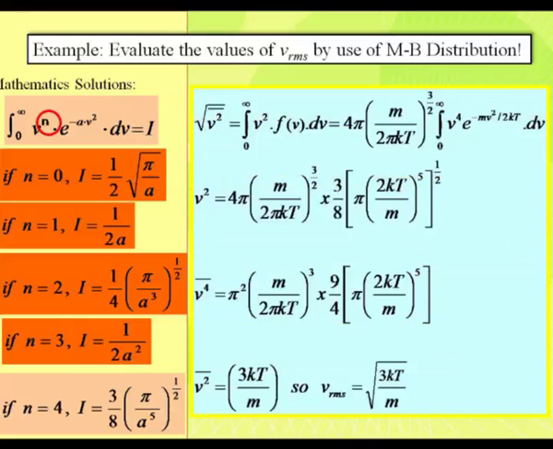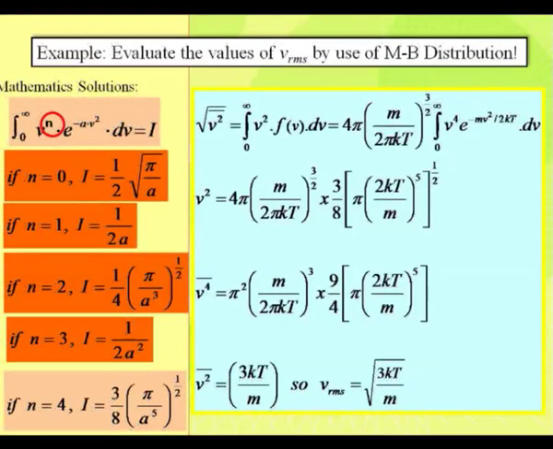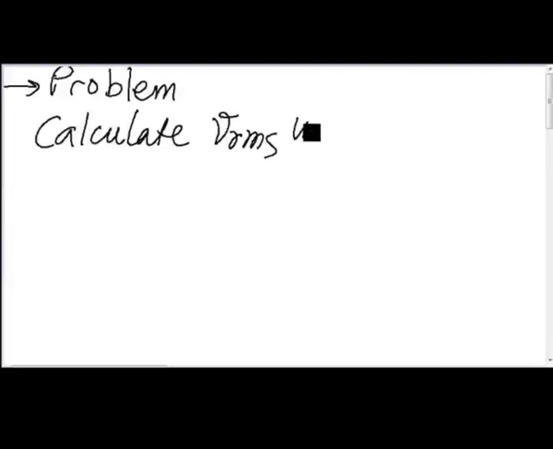So this is the problem. Calculate VRMS using MB distribution.